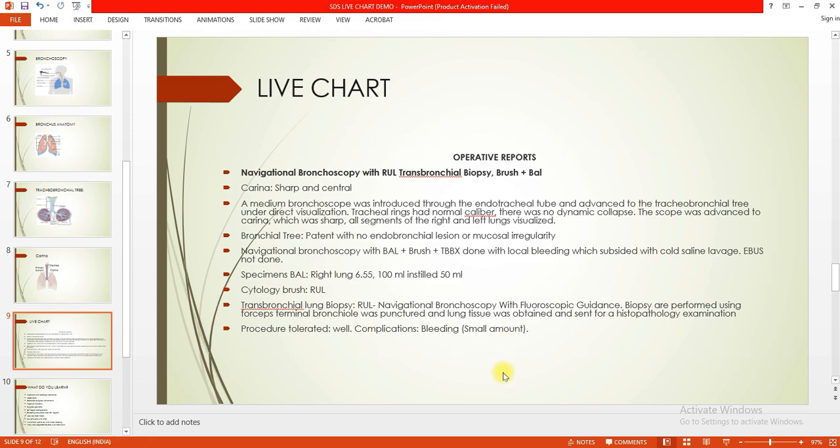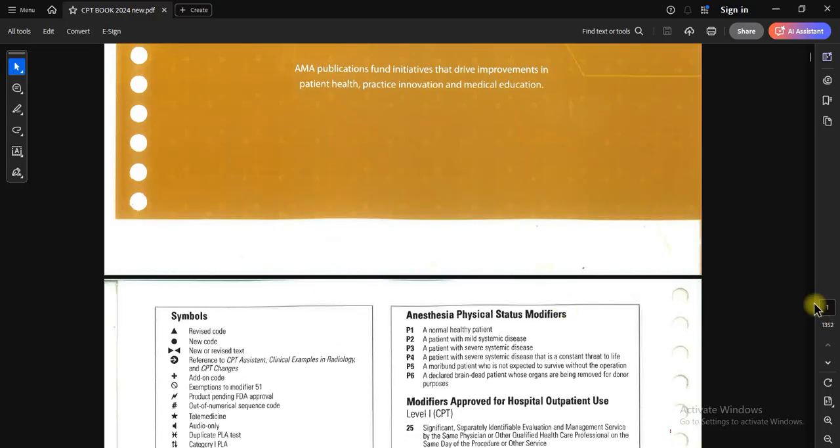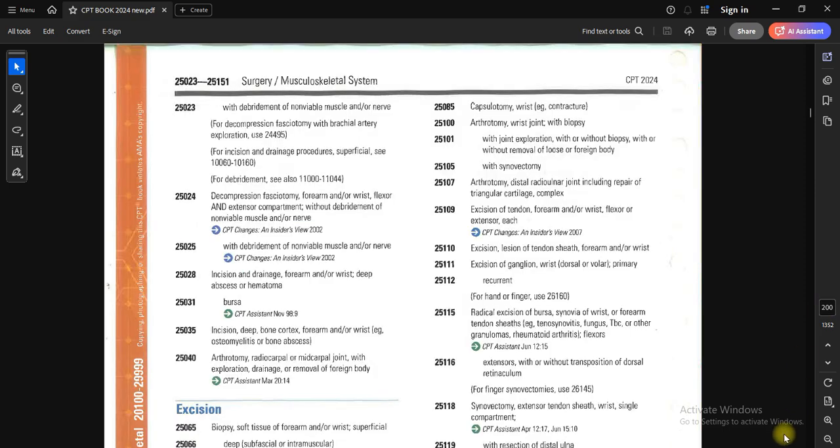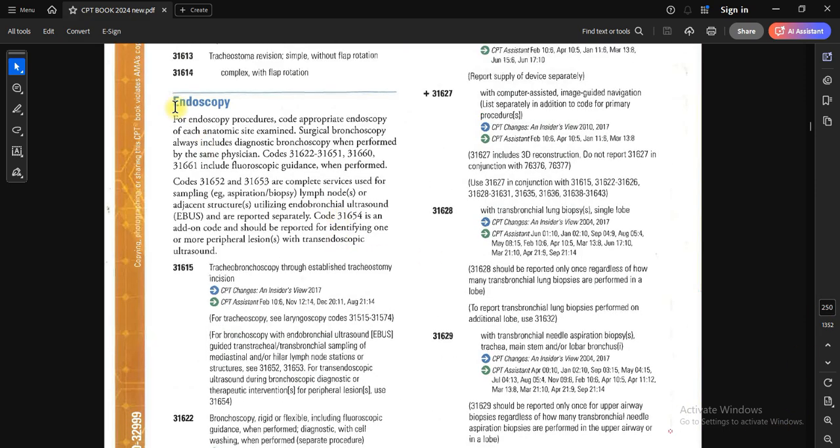Okay, so for now we need to code for CPT codes, correct? So we'll go to our CPT book. See here, endoscopy. Bronchoscopy is also one type of endoscopy. Wherever you see any scope, it all comes under endoscopy.